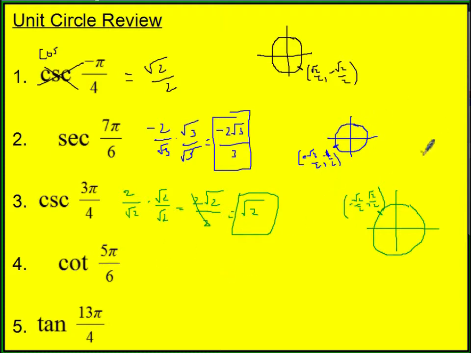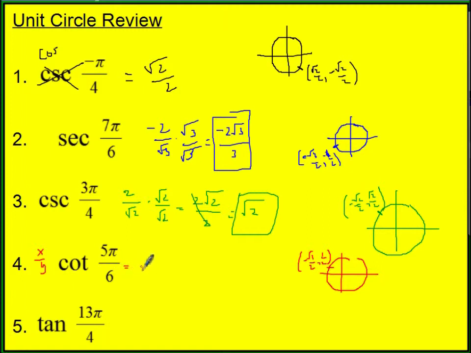Problem number 4. And I'm maybe going to run out of room, but we'll see. Cotangent of 5 pi over 6. 5 pi over 6 is right there. Cotangent's going to need the x and the y value, so I know the x value is negative root 3 over 2. The y value is positive 1/2. Cotangent, if you've forgotten, is x divided by y.